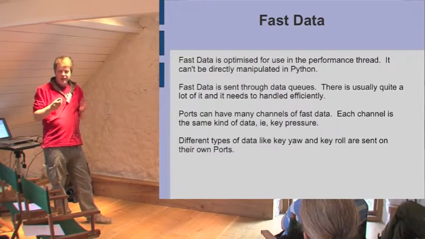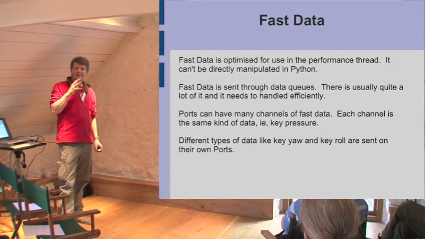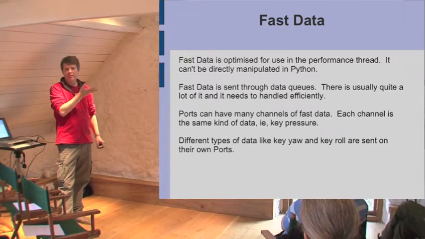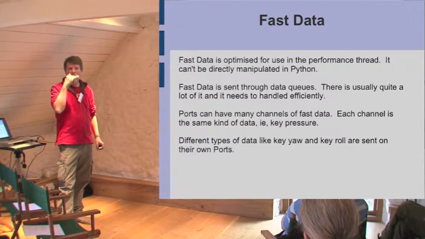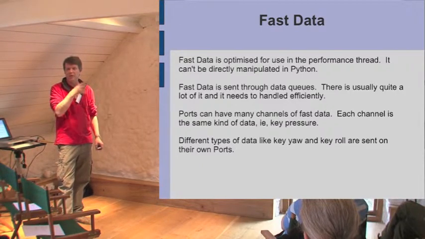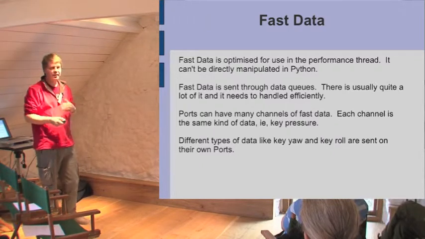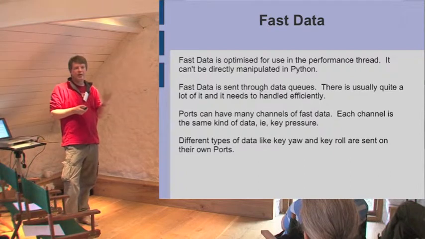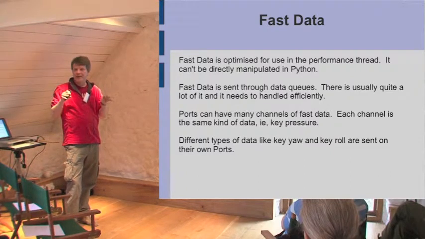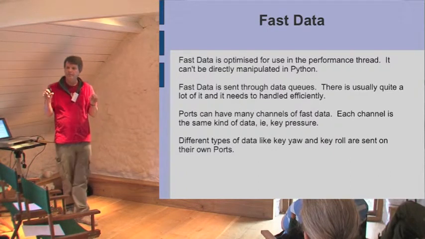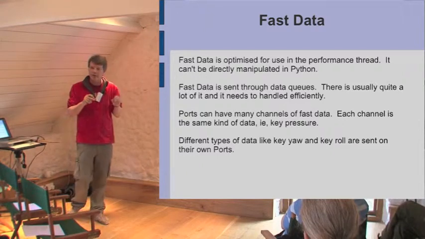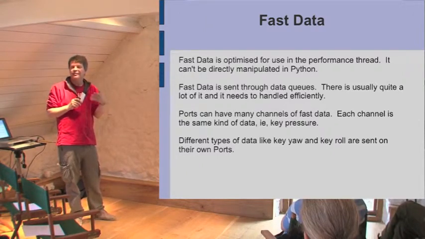Ports have multiple channels, but each channel inside a port has the same kind of data on it. The pressure port from a keyboard has pressure values on it. The yaw port has the yaw values. You don't have a port that has pressure and yaw. It's all the same stuff. Generally, audio is sent with a different port for each audio channel, so all the values are left-hand side channels.